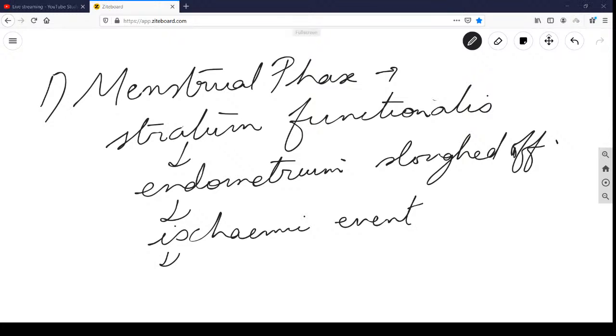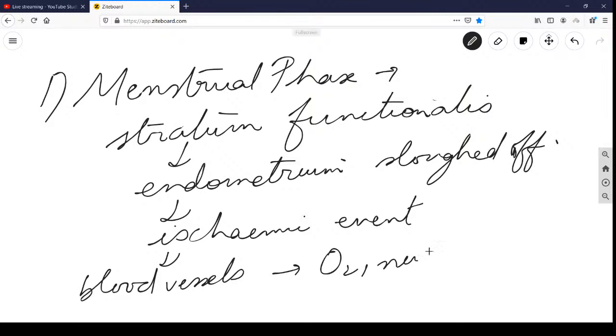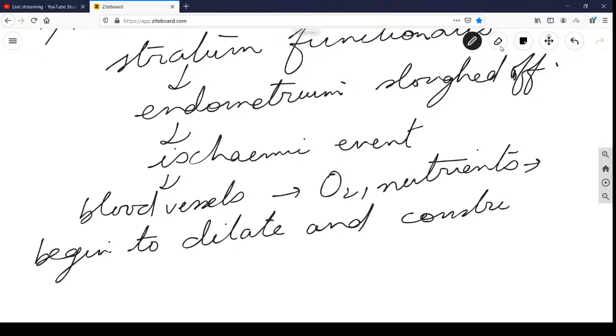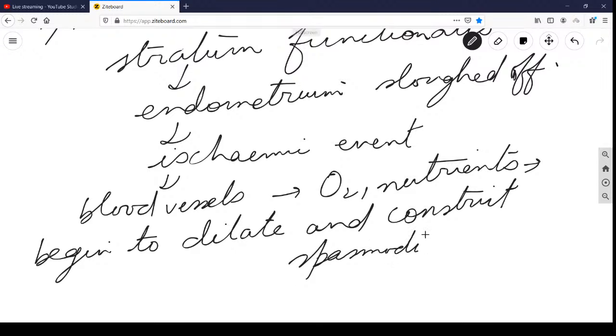So the blood vessels which bring in oxygen and nutrients begin to dilate and constrict spasmodically.